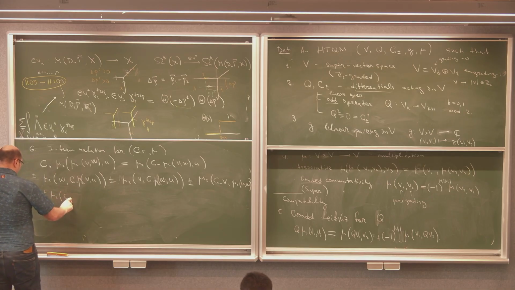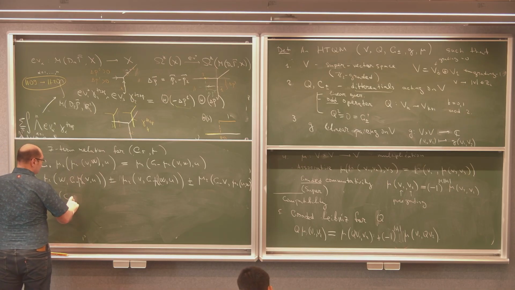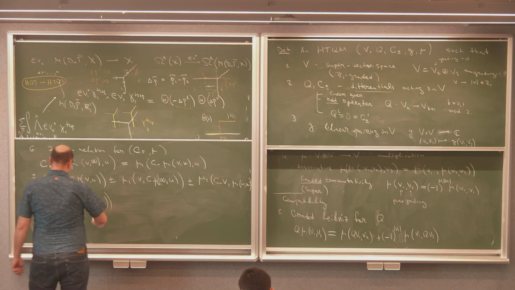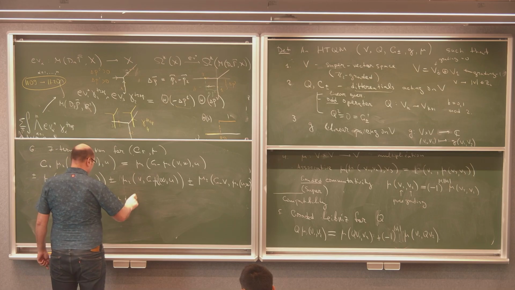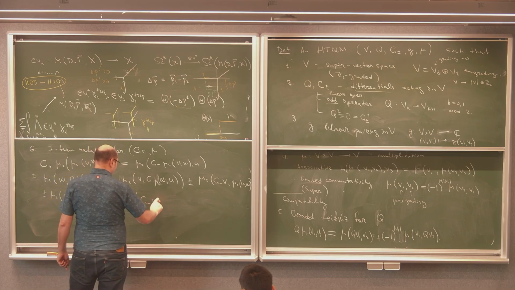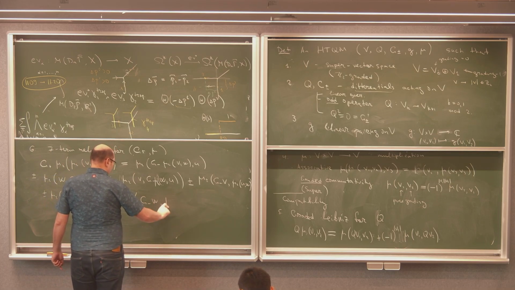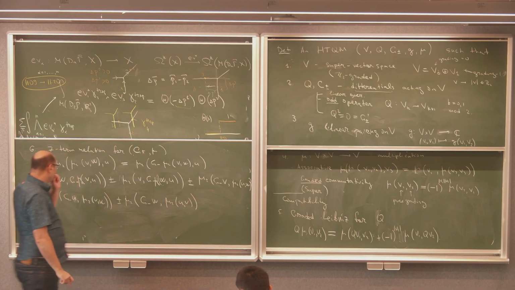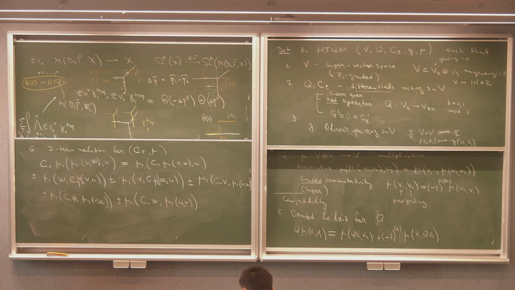So G minus acting on V, on U, mu2 of V and W. And then with the same sign, G minus acting on W, and here mu2 of V and U. So it is a 7-term relation because it involves seven terms.